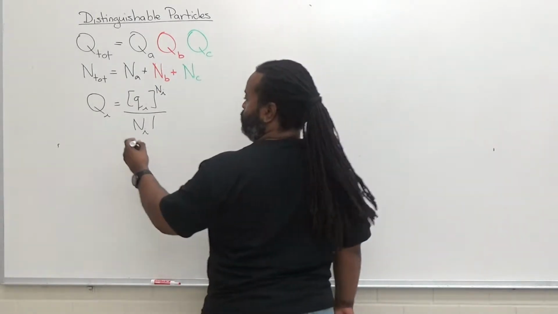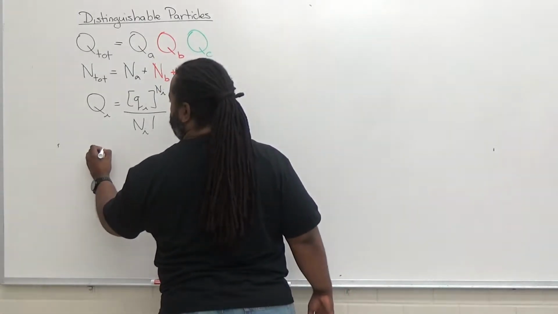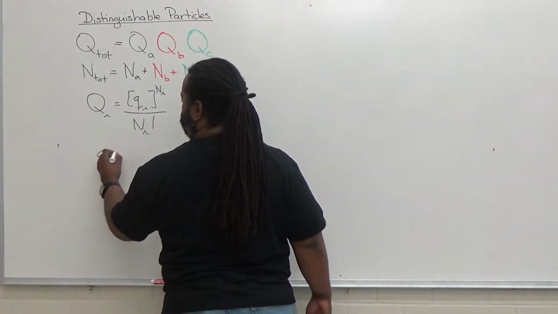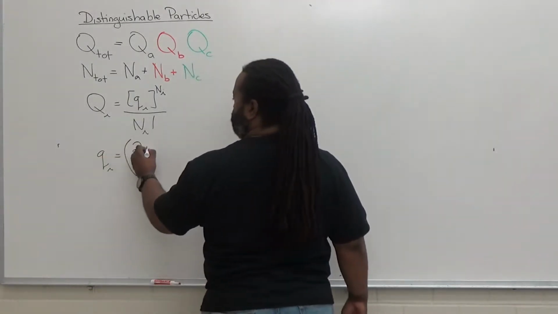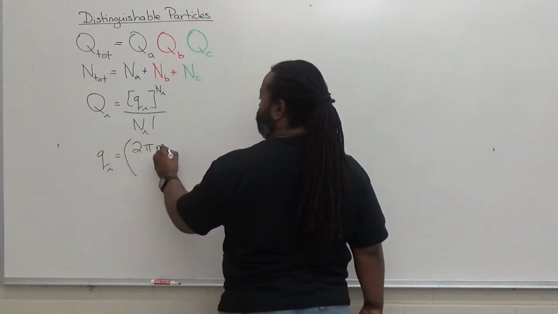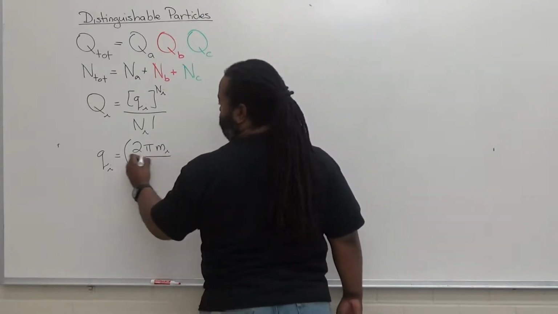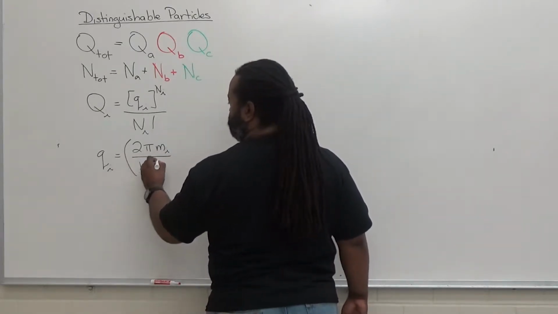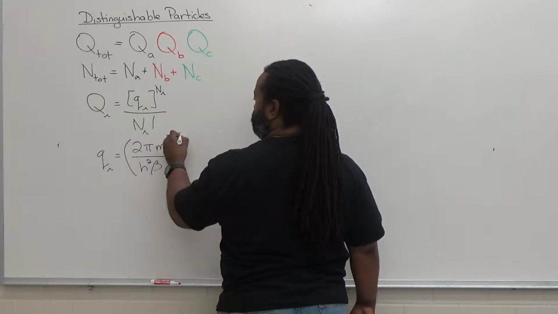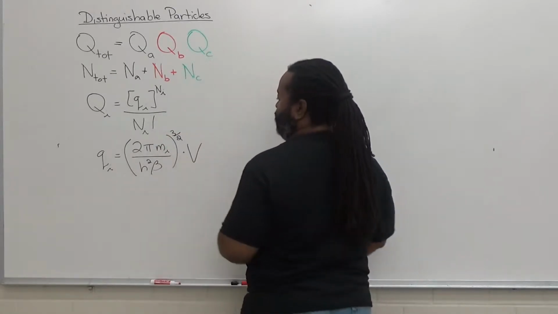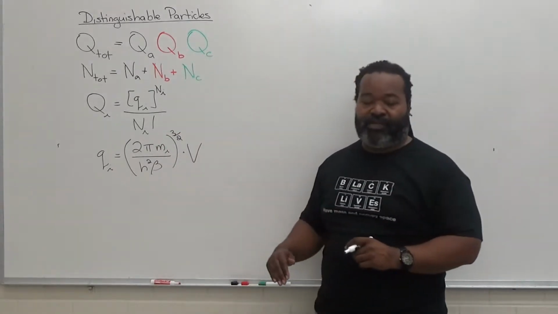So the little q, the individual, will be the same. Now the mass is going to be different for our different particle types, but they do all occupy the same amount of volume.